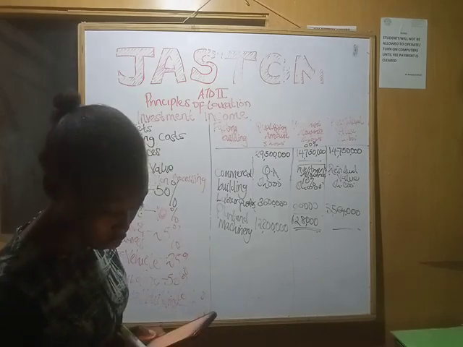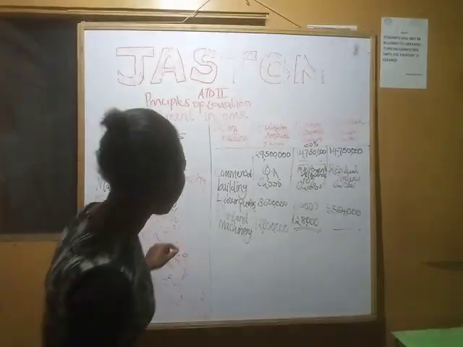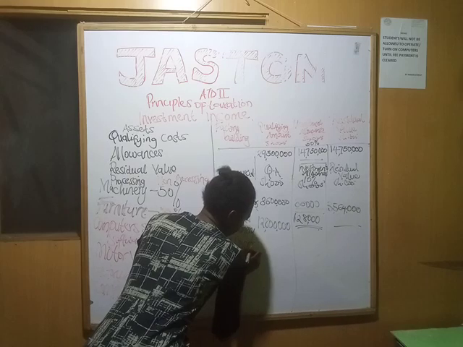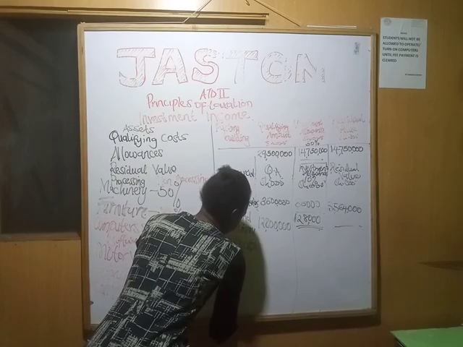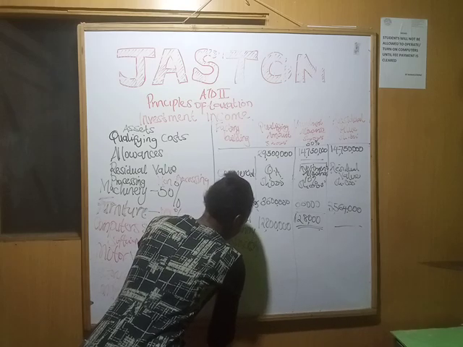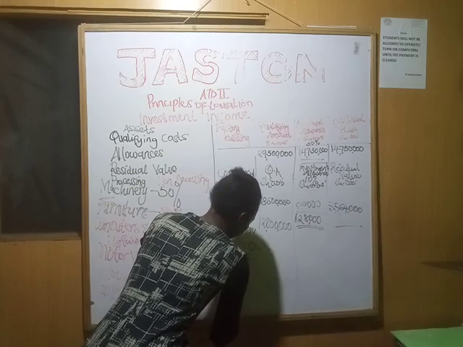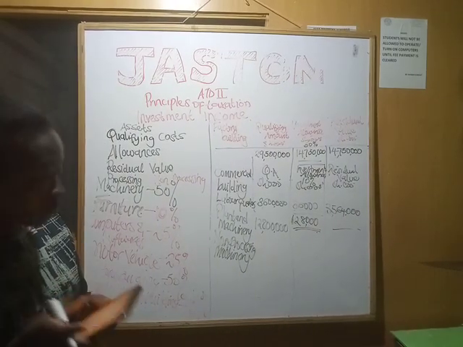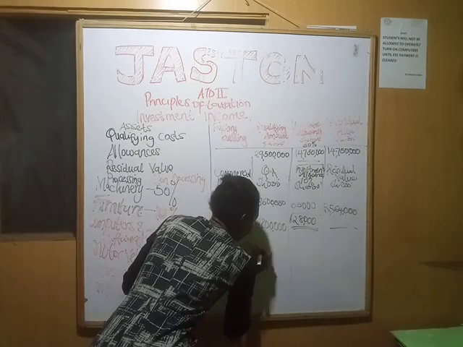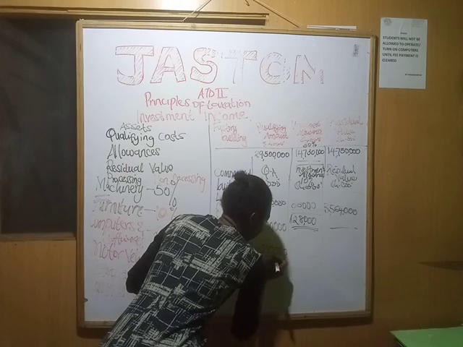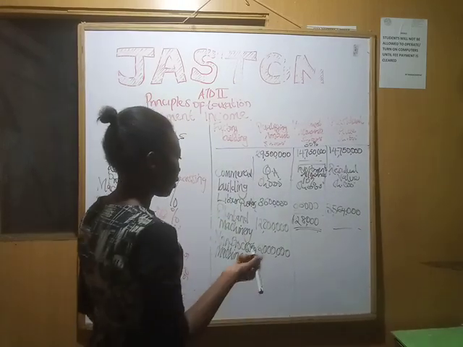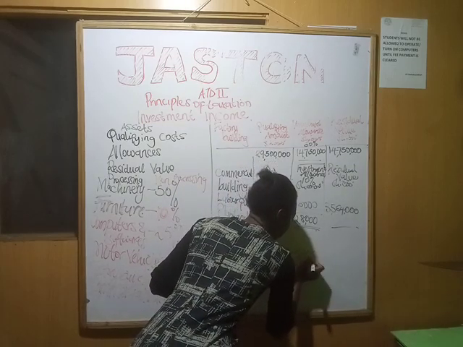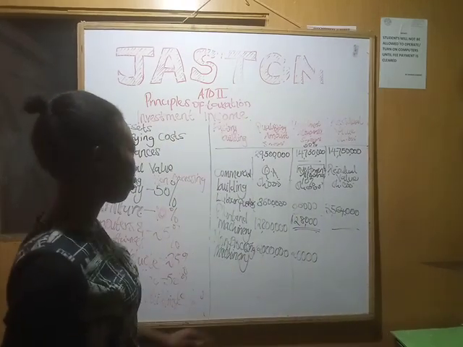We have the non-processing machinery. It has a qualifying amount of 2 million. 10% of 2 million is 20,000.